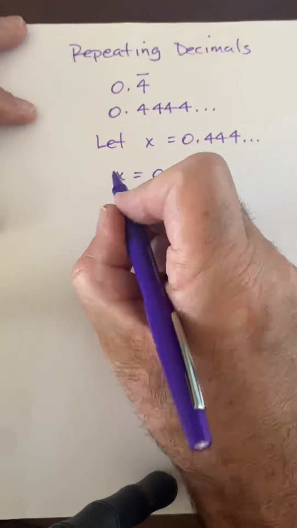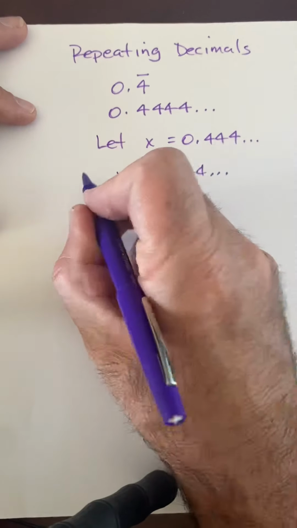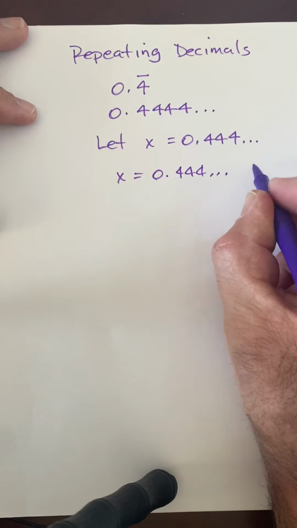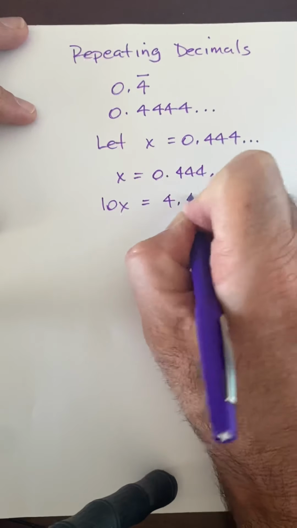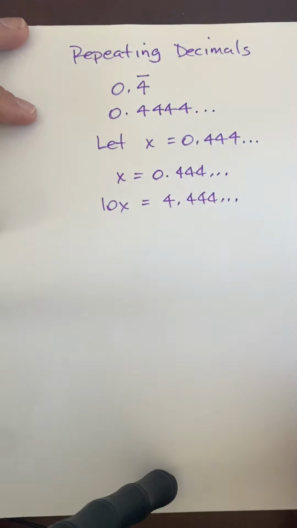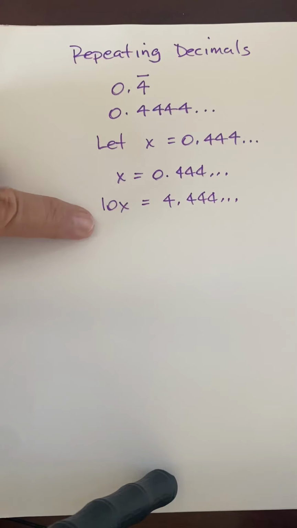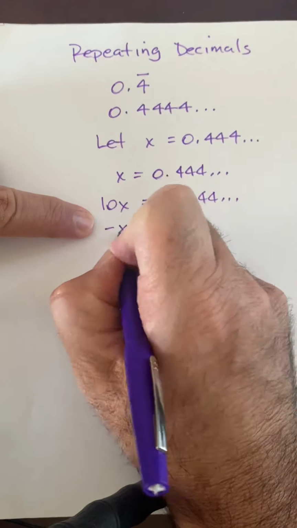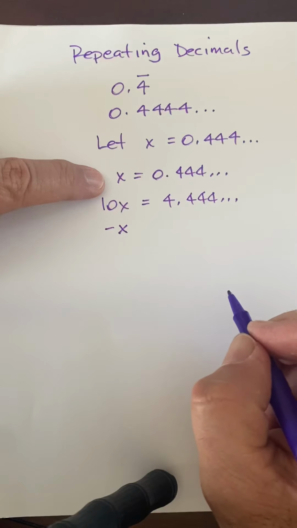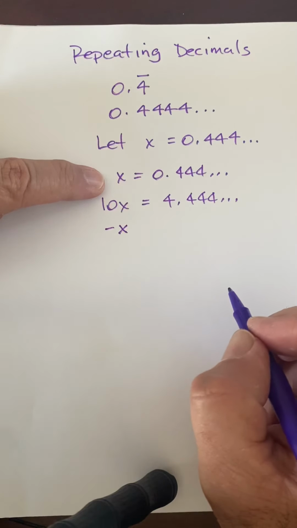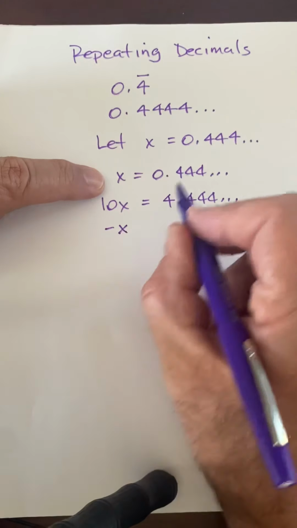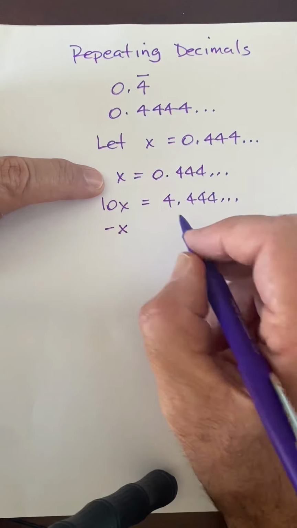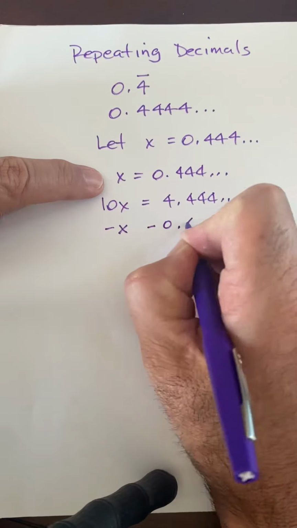Now I'm going to multiply both sides by 10. So I get 10x equals 4.444 repeating.